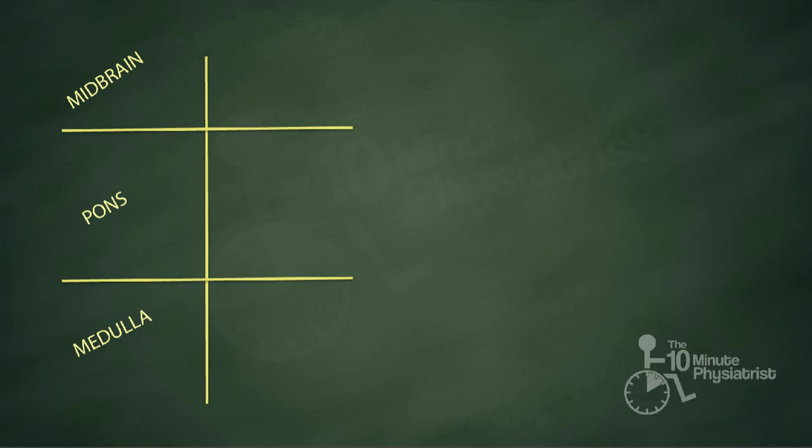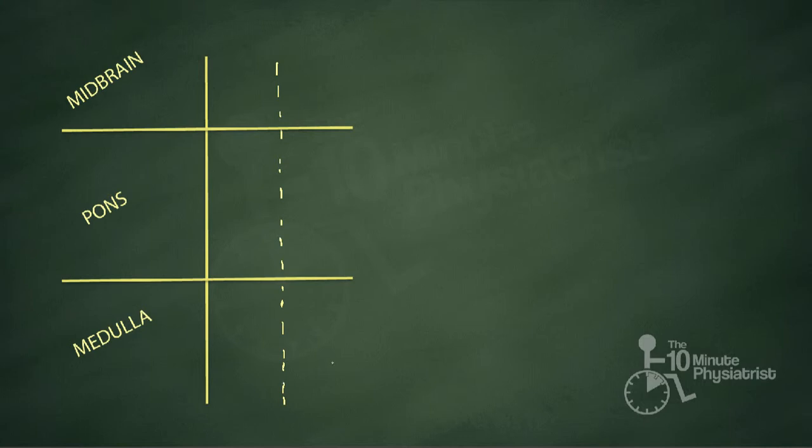And then the other thing I'd like to do in this cartoon is to divide this into a medial and lateral component. So we're essentially dividing the brainstem up into 6 pieces, midbrain, pons, and medulla, each of which has a medial and lateral portion.